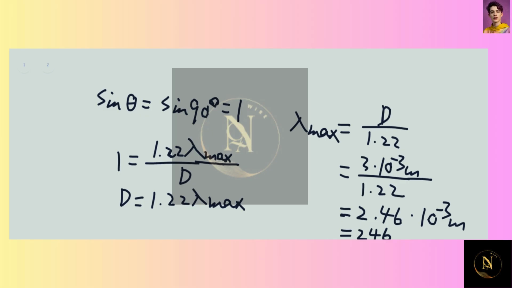Let me try to convert it to nanometers, using 10 to the 9. It'd be quite huge. So it becomes 2.46 times 10 to the power of 6 nanometers. Okay, and that's the largest wavelength we can get from these equations.